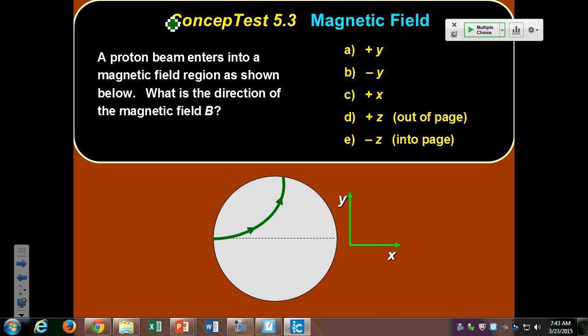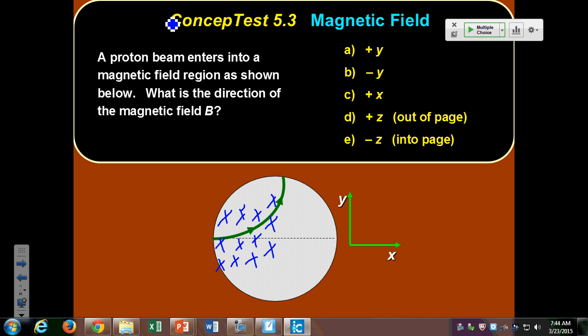So here it's into the page. If I imagine this region of magnetic field that's into the page, this particle comes in, it has a velocity in this direction. If I have a magnetic field that's into the page, that means the force will be up.